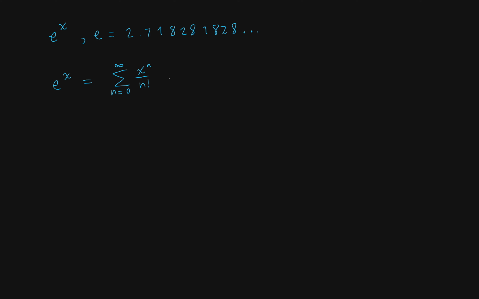This was simplified from the original derivative notation. This is going to expand to 1 plus x plus x squared over 2 plus x cubed over 6 plus x to the 4 over 24, and so on.